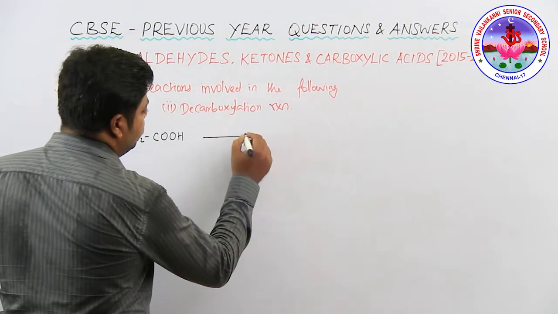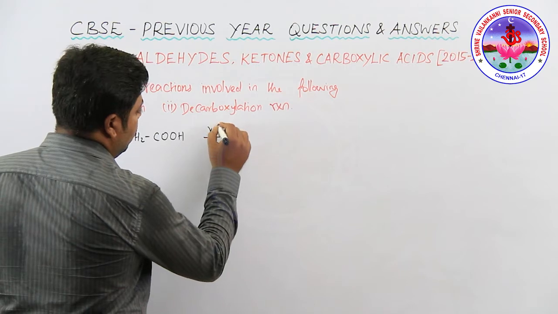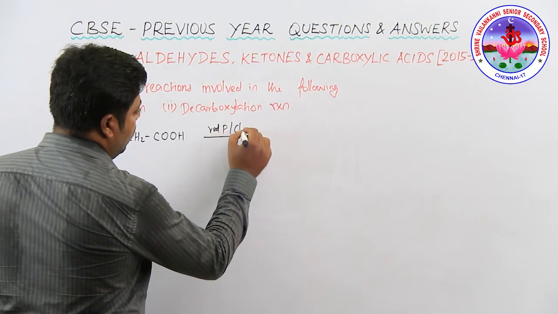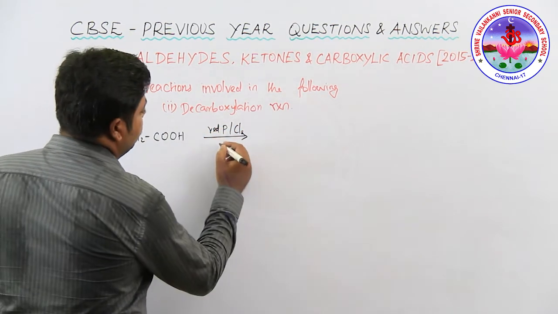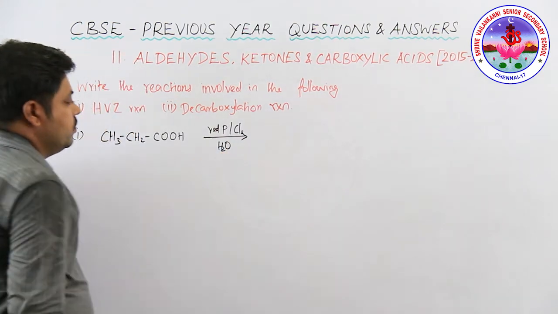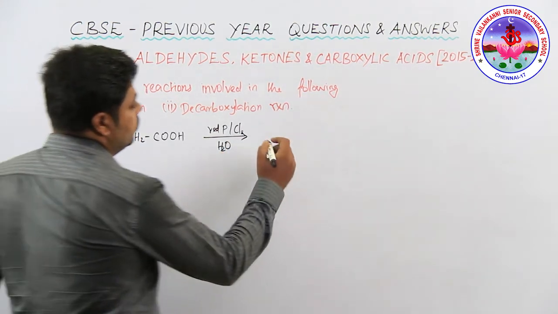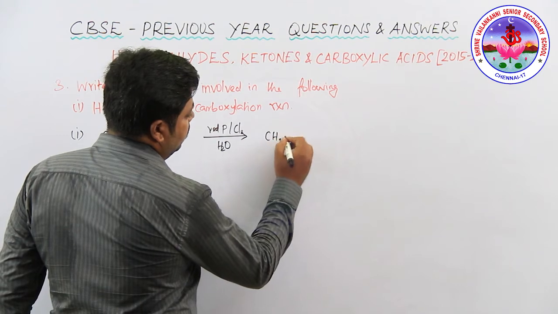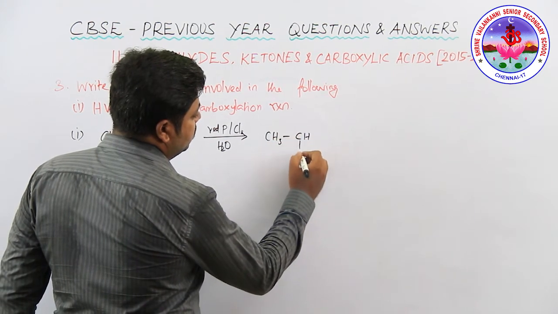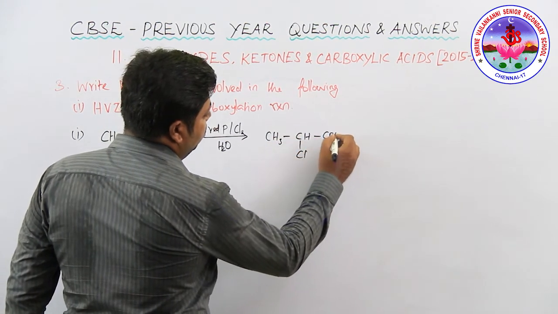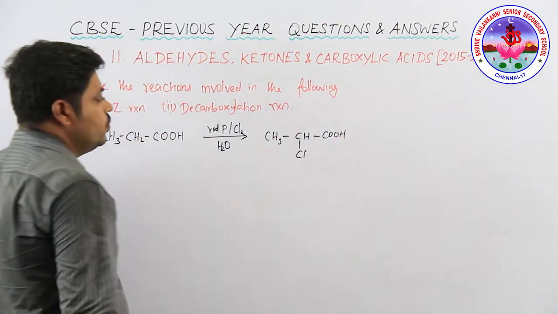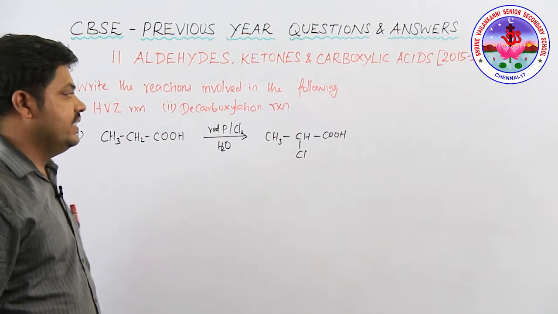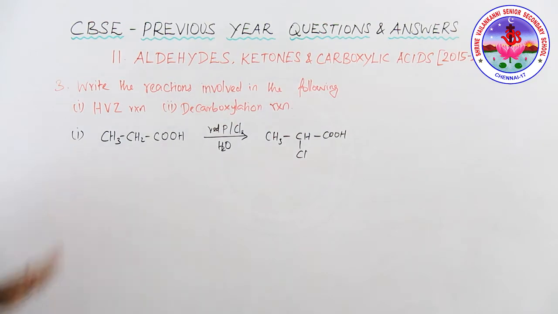Treatment with red phosphorus and chlorine, in water, what happened? It converts to CH3CHClCOOH. This is 2-chloropropanoic acid. So this type of reaction is called the Hell-Volhard-Zelinsky reaction, or simply the HVZ reaction.